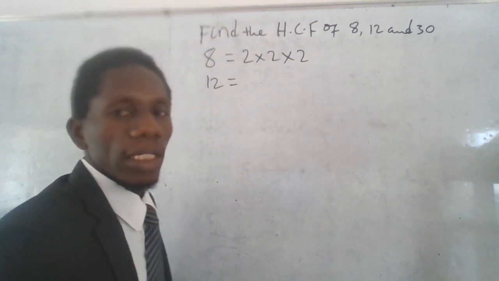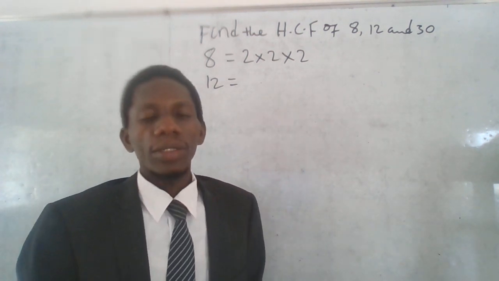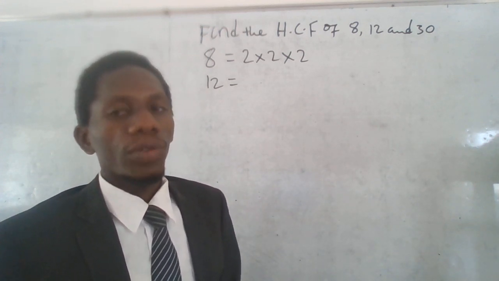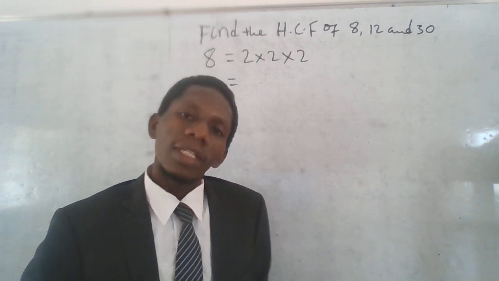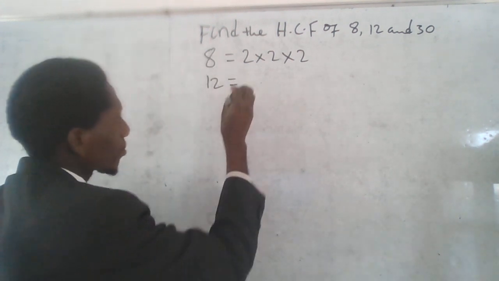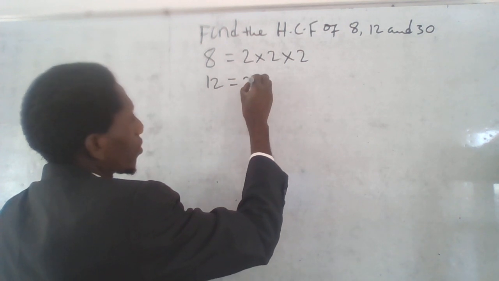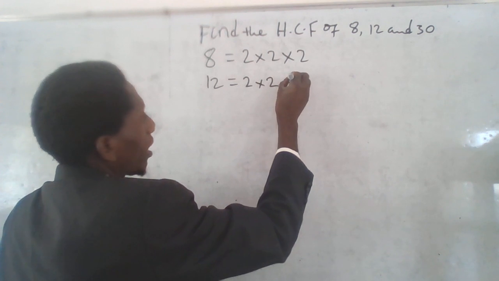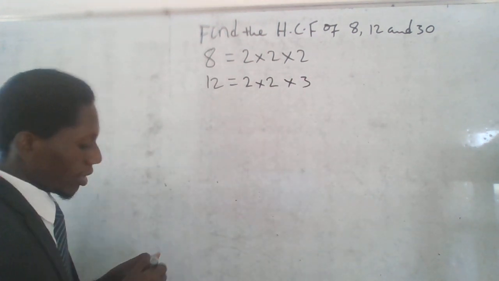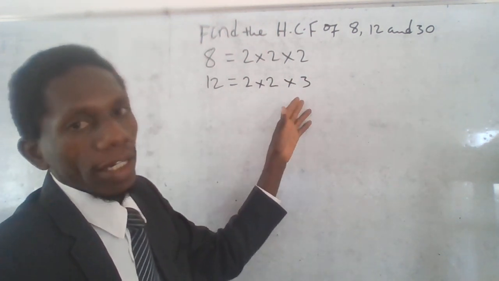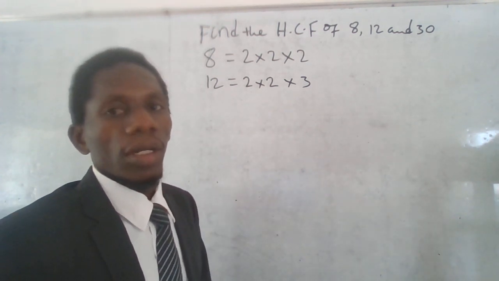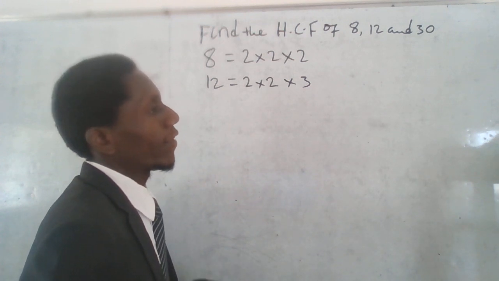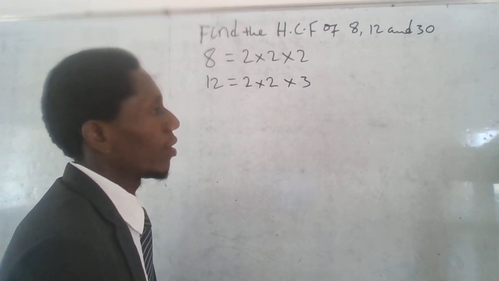Of course, 6 times 2 can give you 12, and 2 times 3 can give you 12. So if we say 2 times 2, then times 3, it means that 2 and 3 are factors of 12, and of course 6 is also a factor of 12.